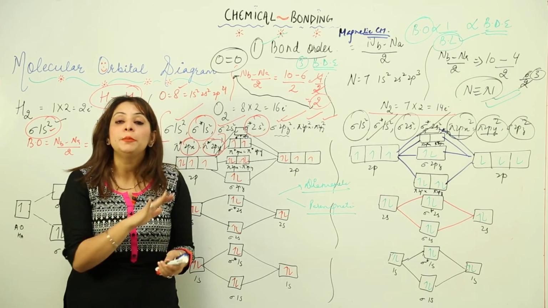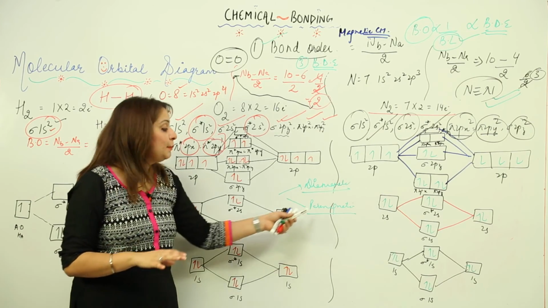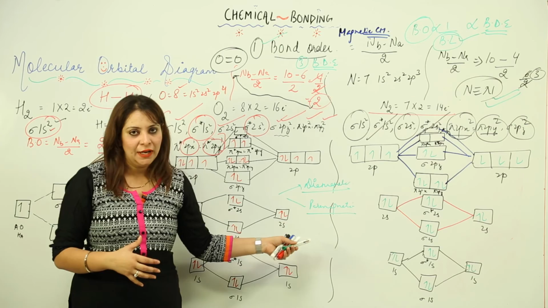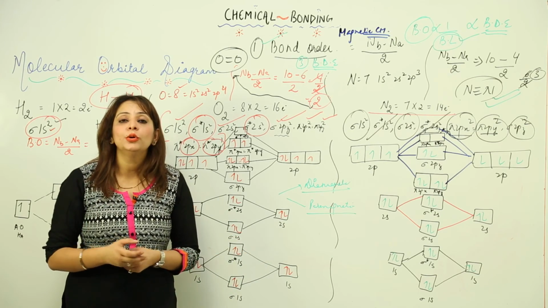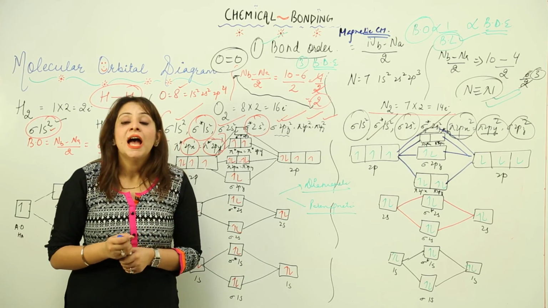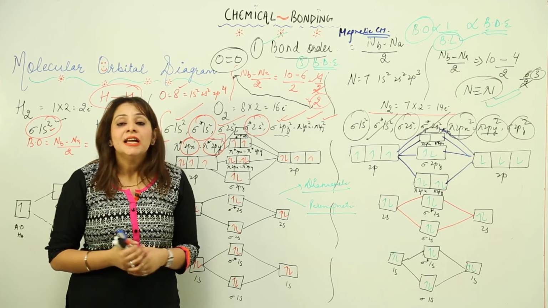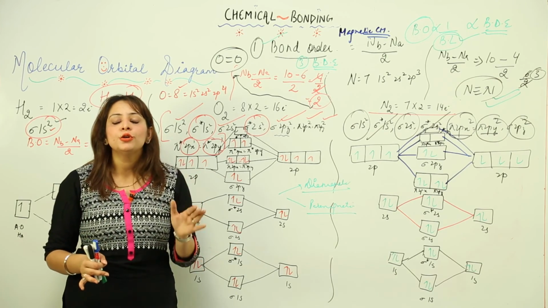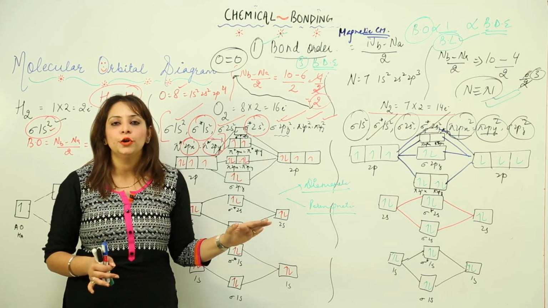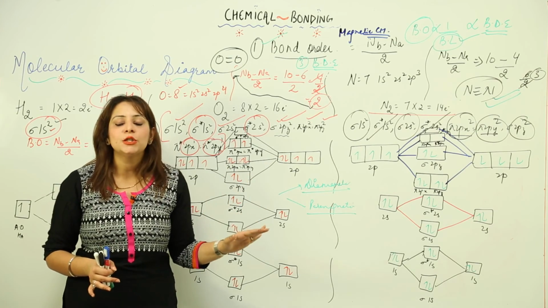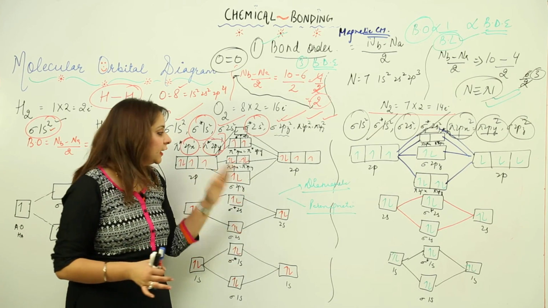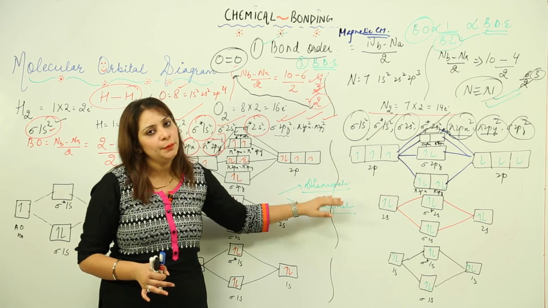Diamagnetic are actually repelled by the magnet, right? And paramagnetic are attracted by the magnet. Now how will you come to know which molecule is diamagnetic and which is paramagnetic? It is very simple. You just need to look at the configuration of the molecular orbitals, and by looking at that you can find out whether the molecule is diamagnetic or paramagnetic.